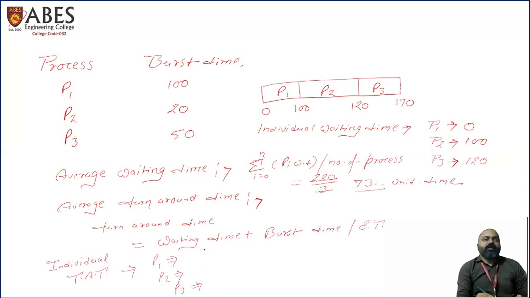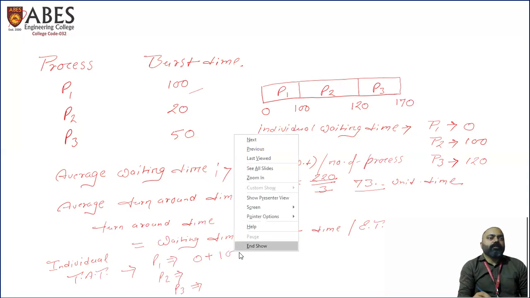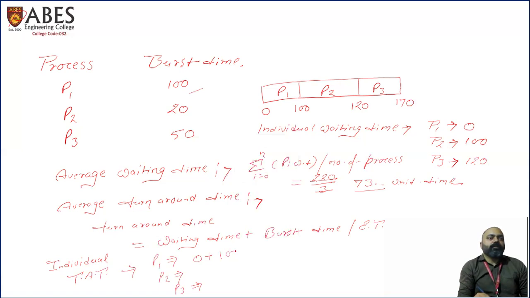For P1, it will be waiting time of P1, which is 0, plus burst time of P1. Burst time of P1 is 100. So 0 plus 100 will be 100.